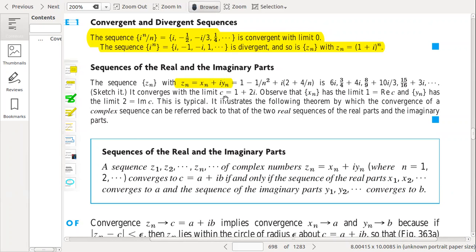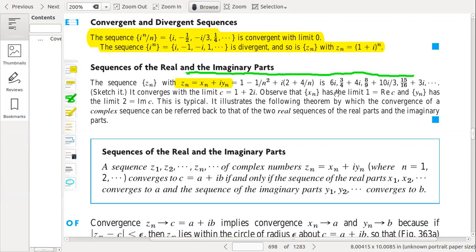This sequence can be written as 1 minus 1 over n squared, plus i times 2 plus 4 by n, and so on. It converges with the limit C equal to 1 plus 2i.